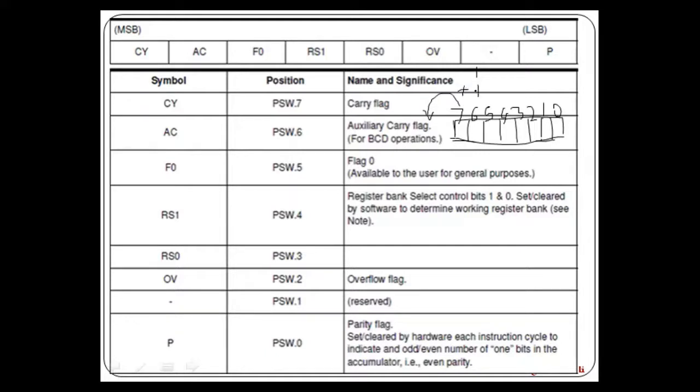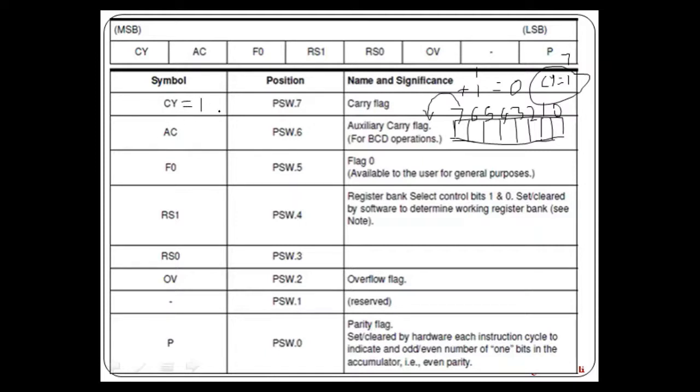What is 1 plus 1 in binary? The result is 0, but you have a carry. So your carry here is 1. When you get this carry in the 7th bit, I say that the carry flag will be 1. So in this scenario, your carry flag will be 1.